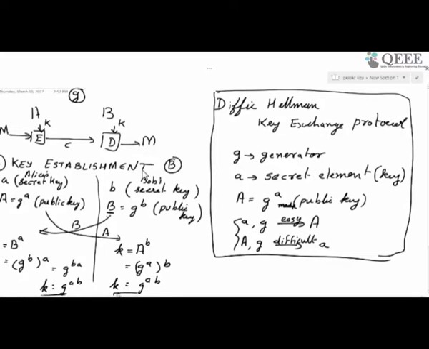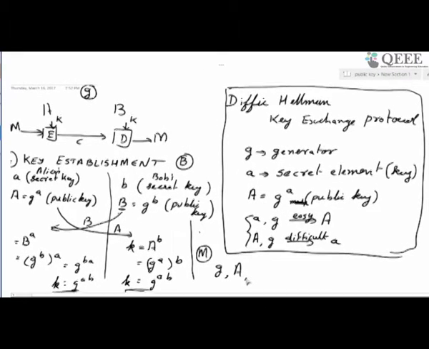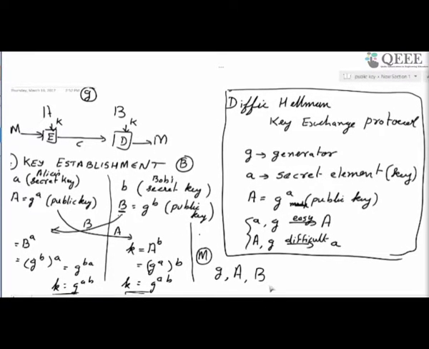Okay, so this was a small example of the Diffie-Hellman key exchange protocol, of how public keys can be used. Now, one thing to also realize is that if you have an attacker, let's say Mallory, he knows small g because g is public information. He is also able to determine what capital A was, and he also knows what capital B was.